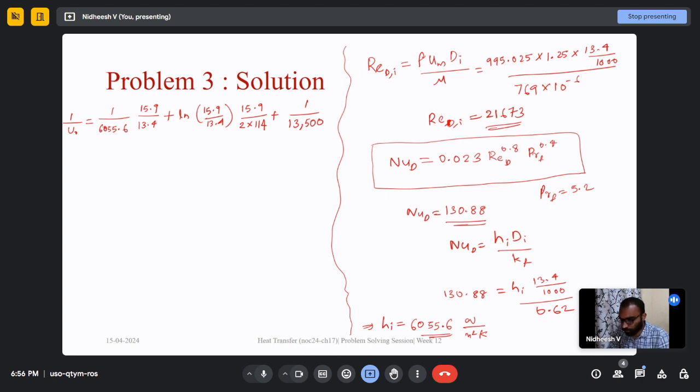You can solve this along with me. 15.9 divided by 13.4 multiplied by 6055.6 plus ln of 15.9 divided by 13.4 multiplied by 15.9 divided by 2 into 114 plus 1 divided by 13,500.